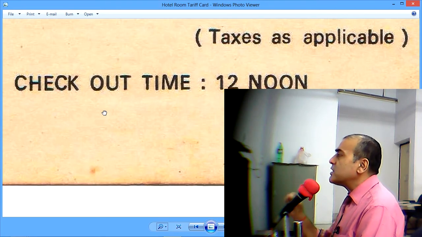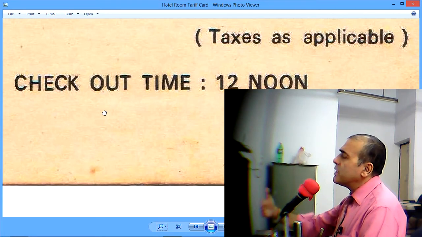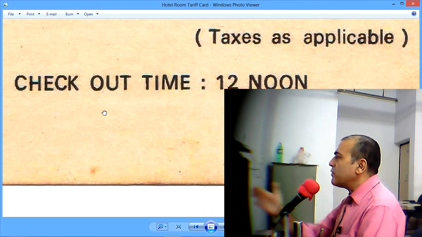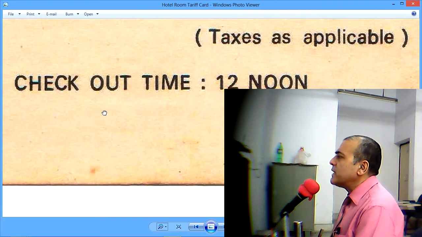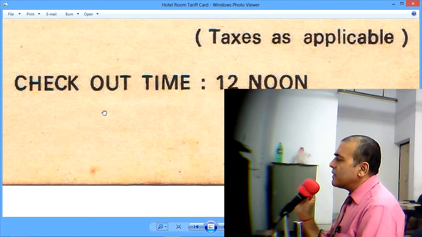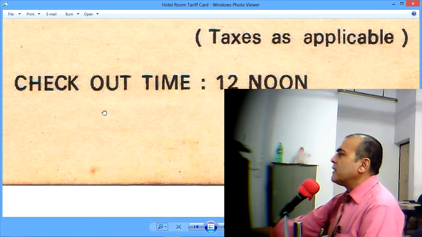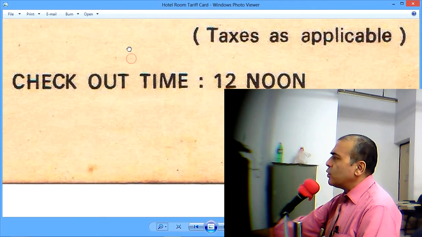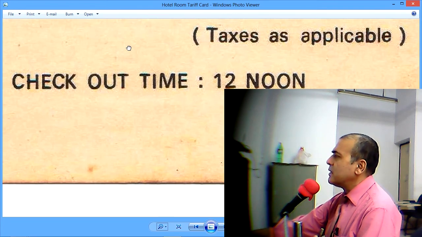But if you exceed your length of stay after 6 p.m., checkout time being 12 noon, then in that case, the hotel is entitled, authorized, legally permitted to ask you to pay the entire day's full tariff. That is the significance of this checkout time. So as an employee also and as a guest also, you must be aware of this aspect of hotel business: check-in, checkout time, and billing cycle.